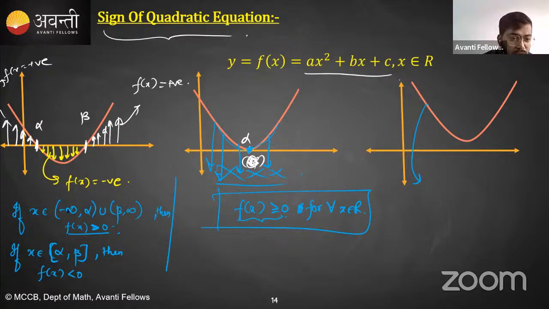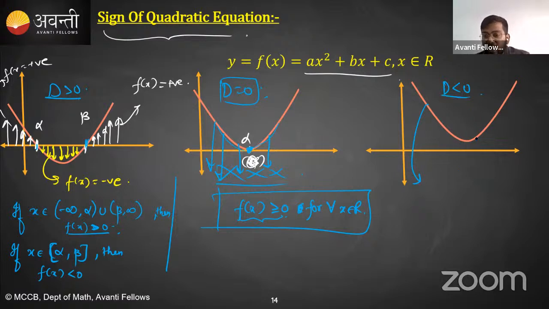Now in these first and second conditions, can I say that the discriminant is positive in the first condition, because there are two distinct roots, right? And in the second condition, can I say the discriminant is 0 because the root is repeating? And in the third condition, can I say the discriminant is less than 0 because the graph is not cutting or touching the x-axis at any point?